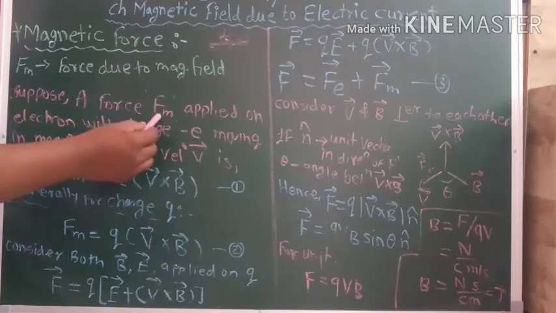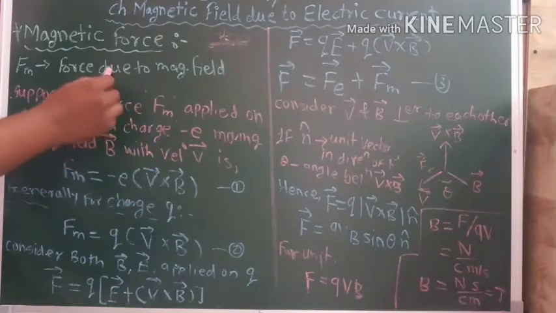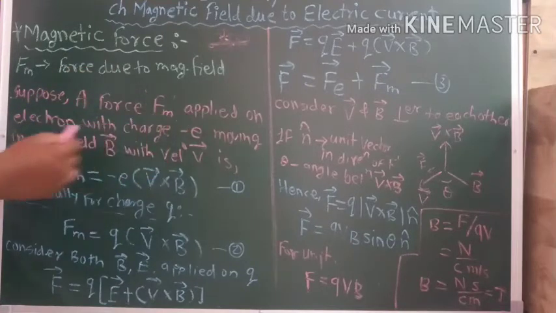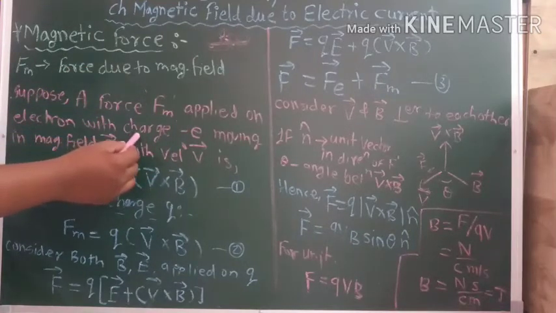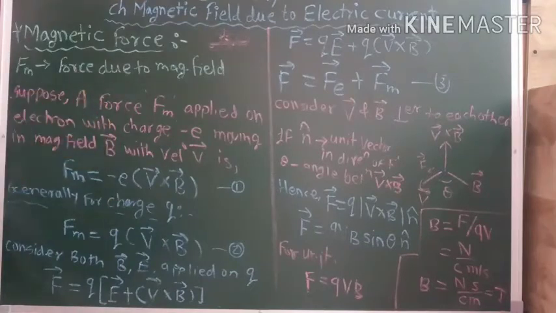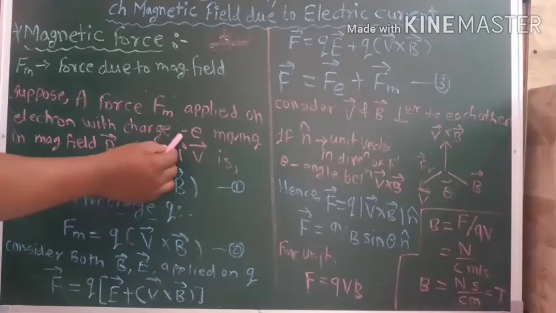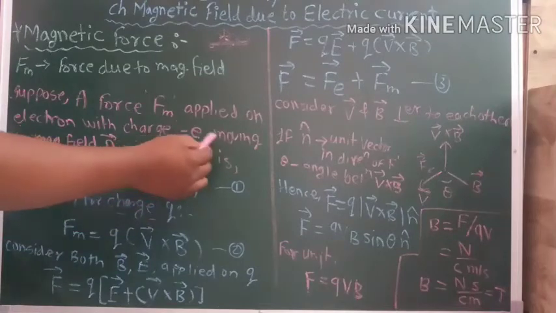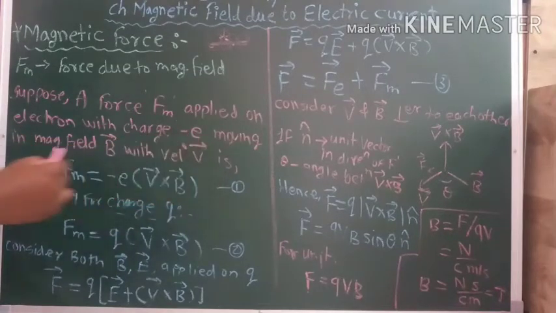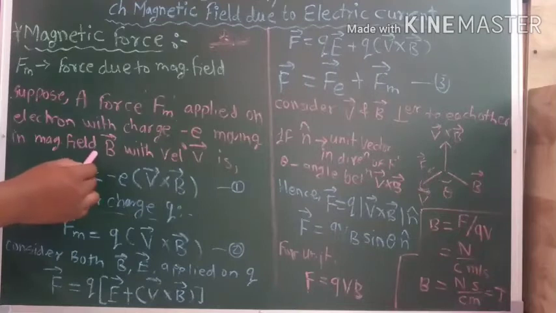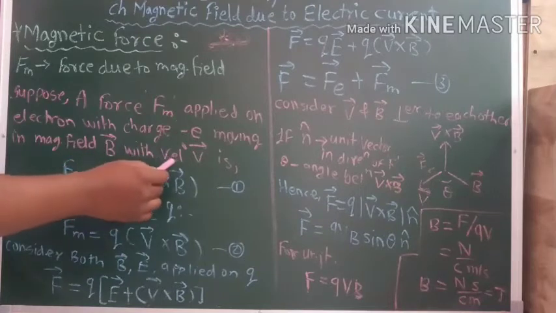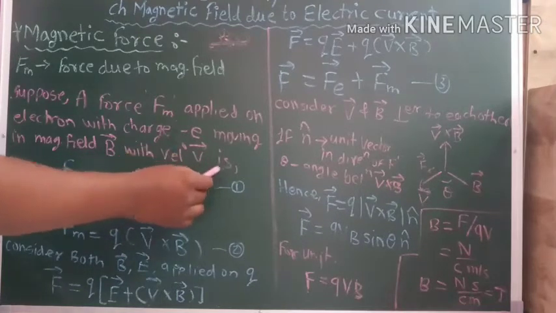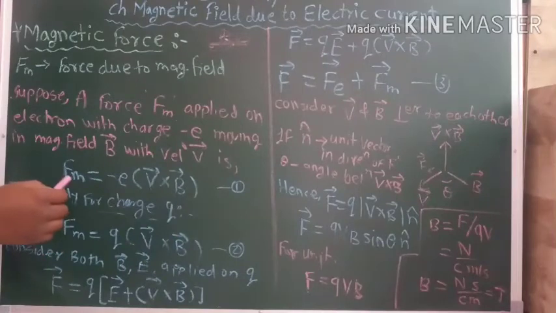Suppose a magnetic force Fm is applied on an electron with charge negative e, and this charge is moving in a magnetic field. The magnetic field is denoted by the vector B, and its velocity is the vector V.